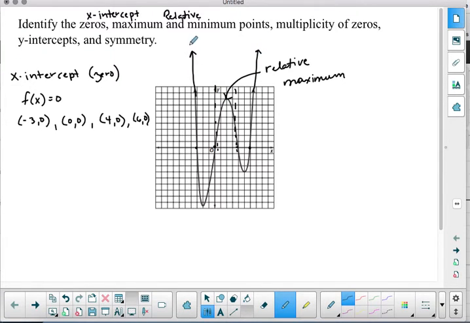The y values will head towards positive infinity as x goes to positive infinity or x goes to negative infinity. So really it's just a maximum for this part of the graph. That's why we call it a relative maximum. And then we also have relative minimums here.